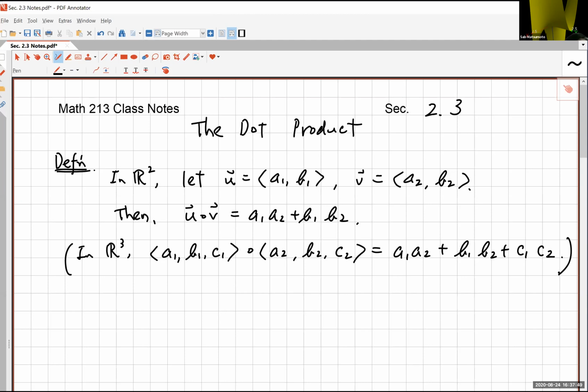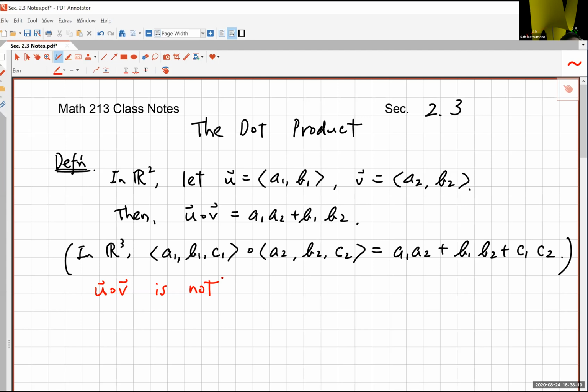And what can you do with something so simple? First of all, let me just say something else here too. U dot V is, as you can see, and by the way, you see that I am not multiplying two vectors. So I am not defining a product of two vectors.